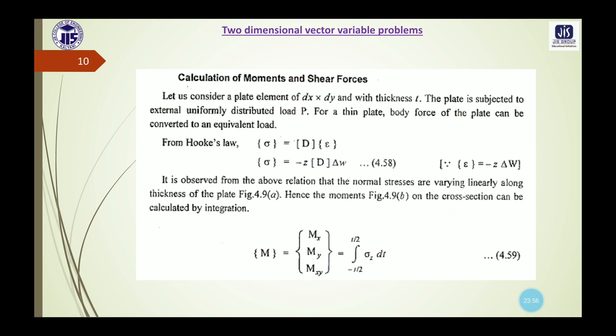Now from the above relation it is seen that the normal stresses vary linearly along the thickness of the plate, and so the moments on the cross section can be calculated by using this relation, that is M equals a column matrix of Mx, My and Mxy, which equals the integration from minus t by 2 to t by 2 of sigma z dz. So this is our equation number 4.59.